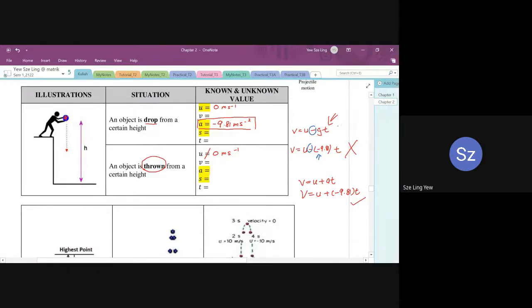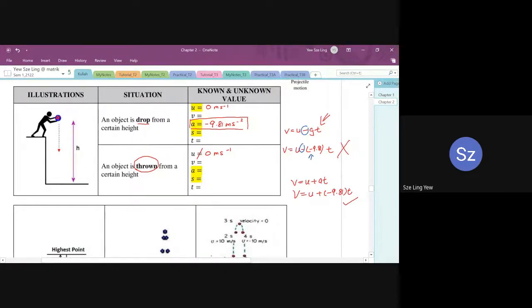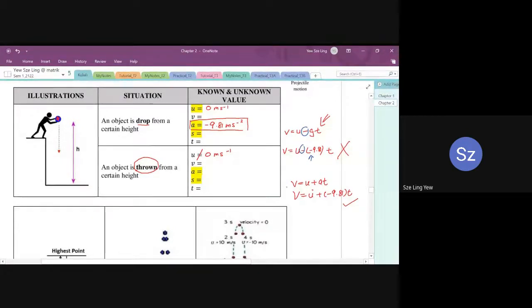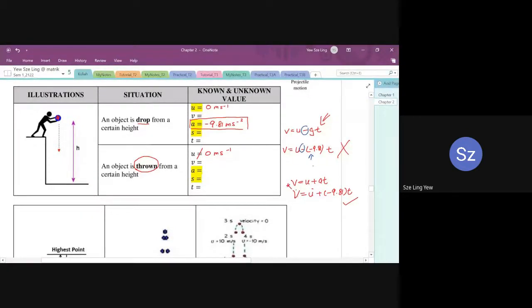I can only give you my opinion based on my experience. Whether you want to follow or not is totally up to you. So don't go out and say my lecturer told me I must use this method. No, there is no such thing. I just suggest you stick to just one equation. If you want to use the other one, go ahead.